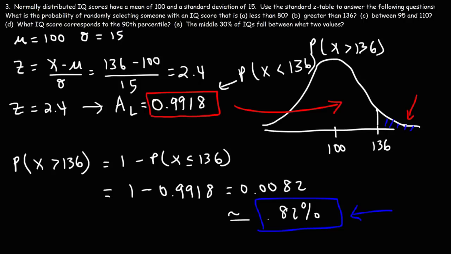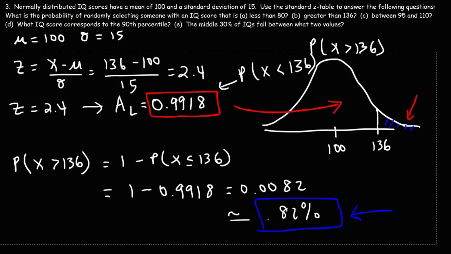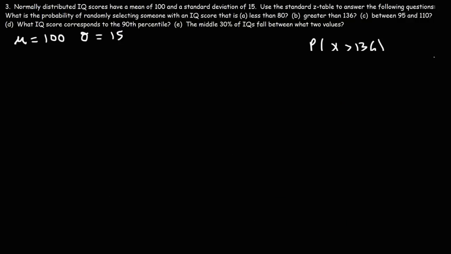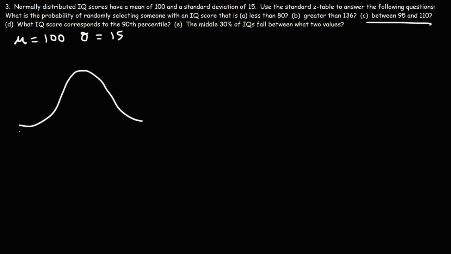Part C. What is the probability of randomly selecting someone with an IQ score that is between 95 and 110? So what do you think we need to do for that problem? Well, let's begin by drawing a picture, just to get a good visual of what we need to do.